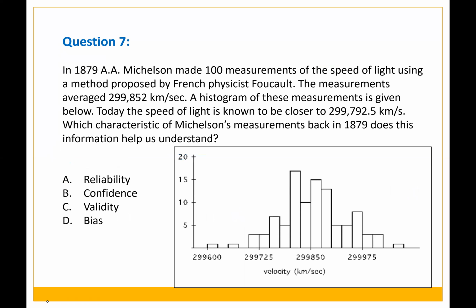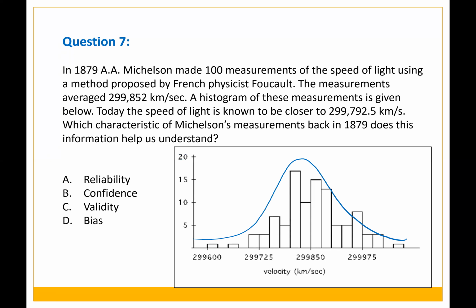Now, the final one, question 7. Again, mute me if you want to work on it on your own. In 1879, Michelson made 100 measurements of the speed of light using a method proposed by French physicist Foucault. The measurements averaged 299,852 kilometers per second. A histogram of these measurements is given below. Okay, now if you look at this, it actually gives us kind of a bell shape.